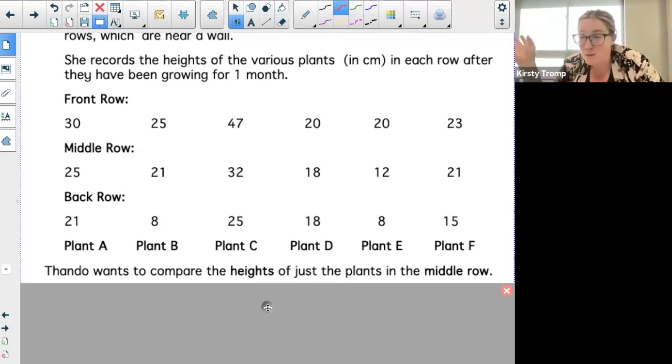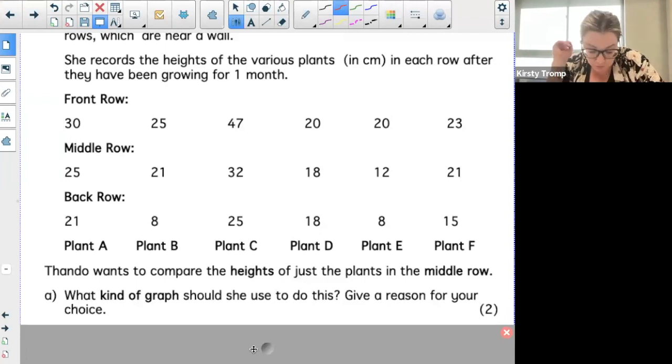So she's not interested in the front row or the back row, she just wants to look at the middle row, guys. She wants to compare the heights of the plants planted in the middle row. It's one row of plants that we are comparing, and we're going to have plant A, plant B, C, D, E, and F.